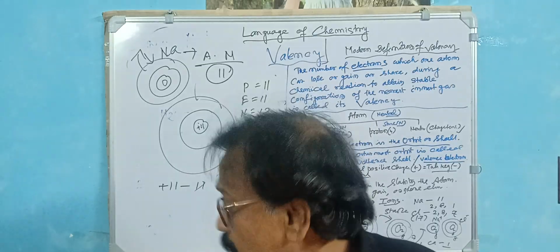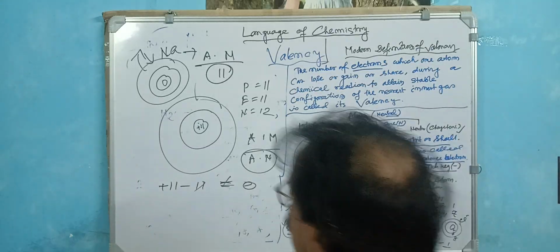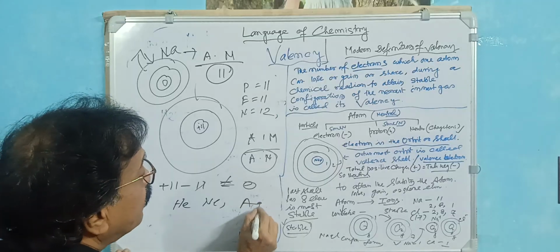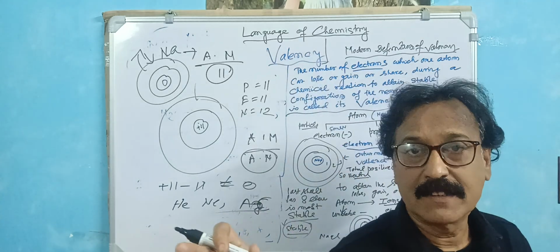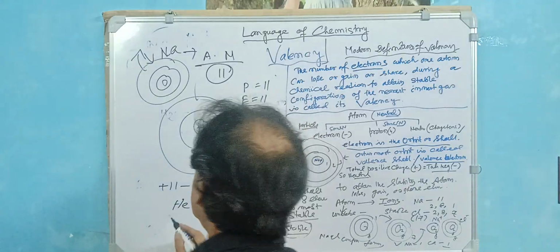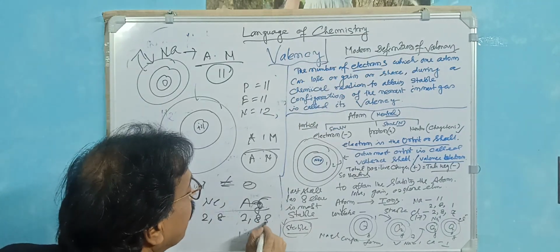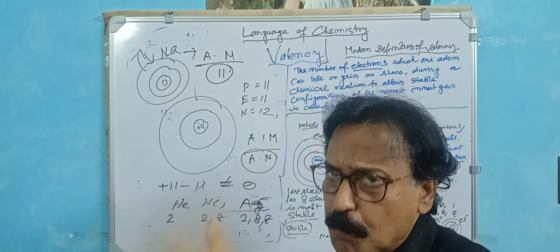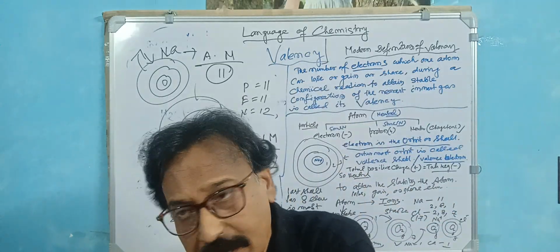For that reason, the gases we discussed earlier, helium, neon, argon, we call inert gases. Why? Because they cannot react with others, because of their stability: this is 2, this is 2,8, this is 2,8,8. Helium is the exception, with only 2 protons, 2 electrons, so only one shell, and 2 is stable in that case.